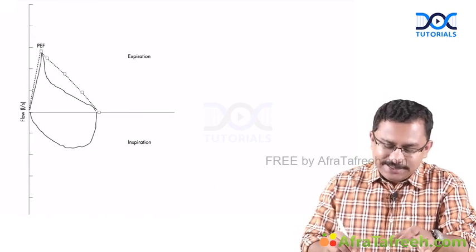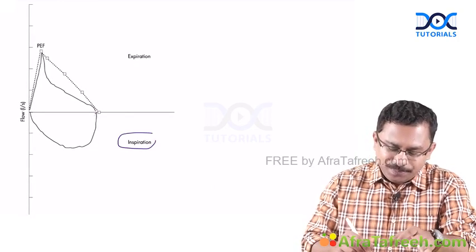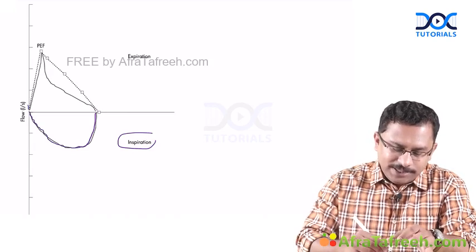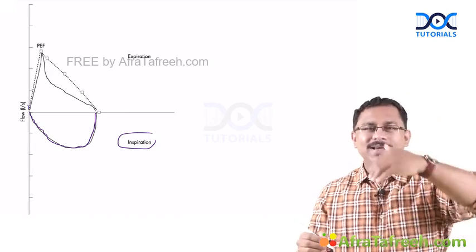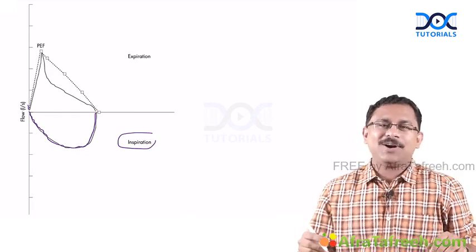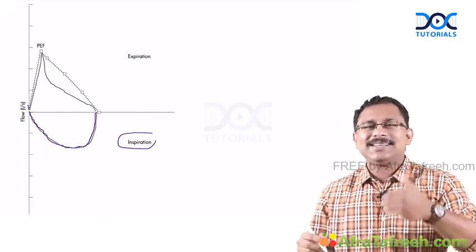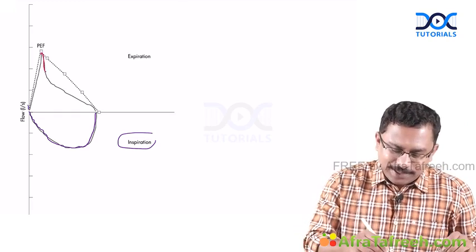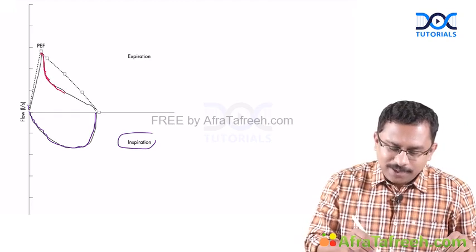You see here, this is the inspiratory part of the loop. Okay, this is the inspiratory part of the loop. And above, the dotted lines will actually show you the actual expiratory part of the loop. But in case of bronchial asthma, since there is an expiratory limitation, in the PEF, you can see the expiratory part, you can see there is a concavity.